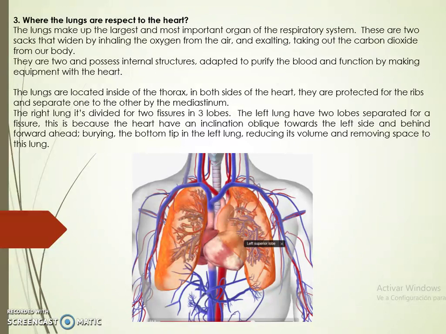They are 2 and possess internal structures adapted to purify the blood and function by making exchange with the heart. The lungs are located inside the thorax on both sides of the heart. They are protected by the ribs and separated one from the other by the mediastinum.